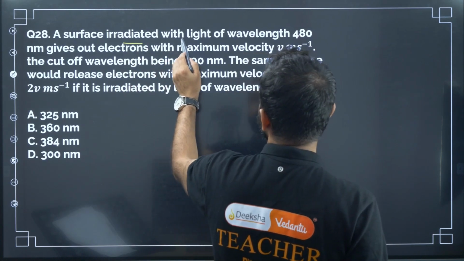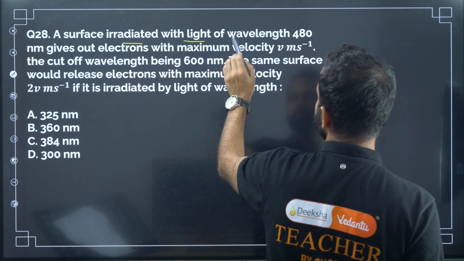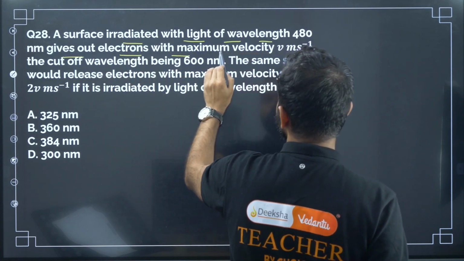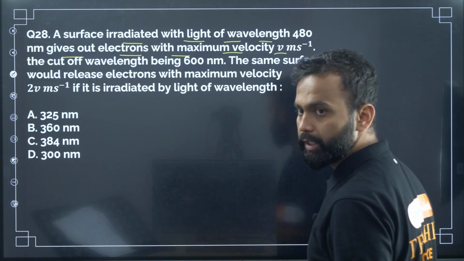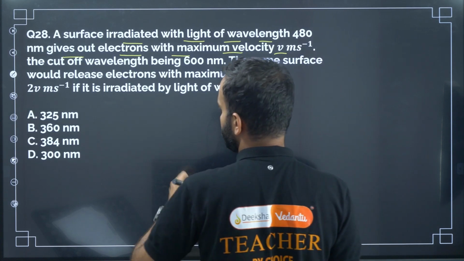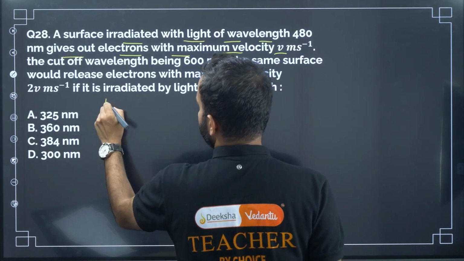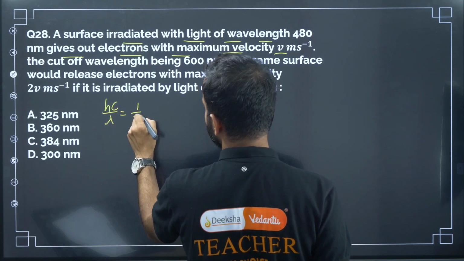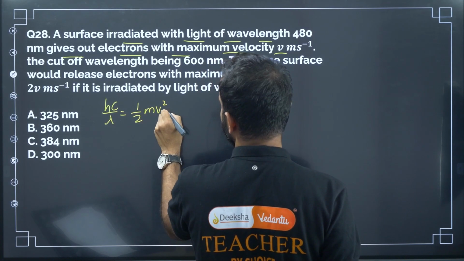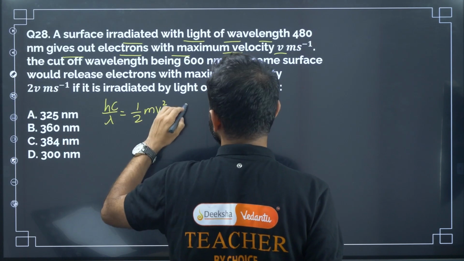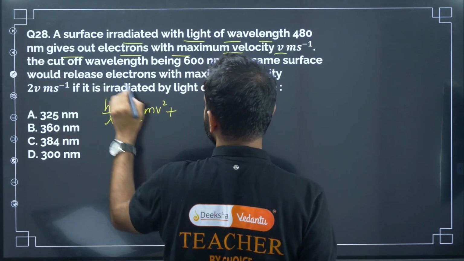A surface irradiated with light of wavelength 480 nanometer gives out electrons with maximum velocity v meter per second. Let us write the photoelectric equation. Energy of the incident light is equal to maximum kinetic energy of the photoelectron, half mv square, plus work function, that is hc by lambda naught.